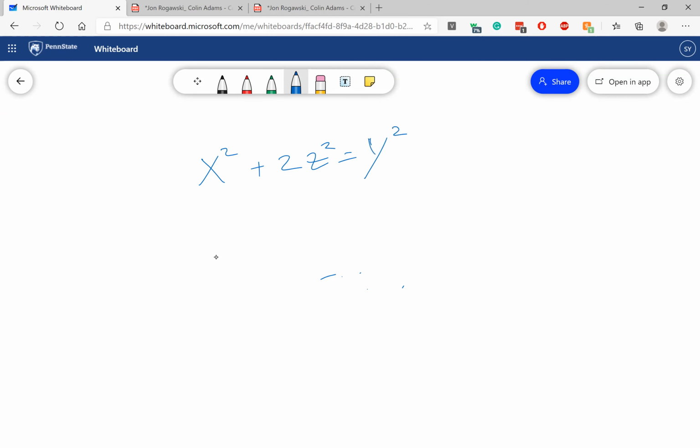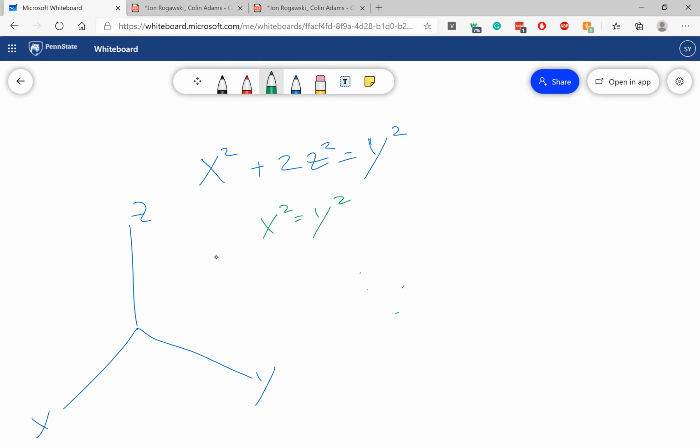Okay. So now we can first imagine that our z is 0. So let's first put an x, y, z coordinate system. Now when z is equal to 0, we have x squared is equal to y squared.